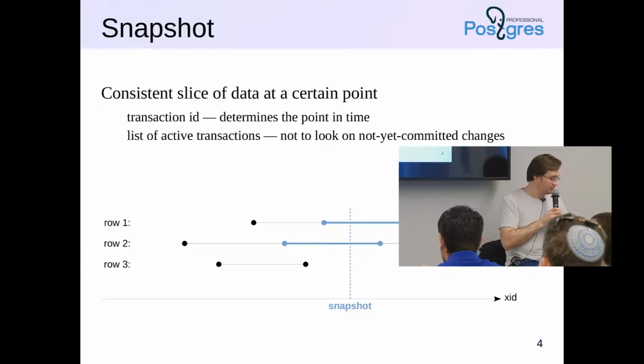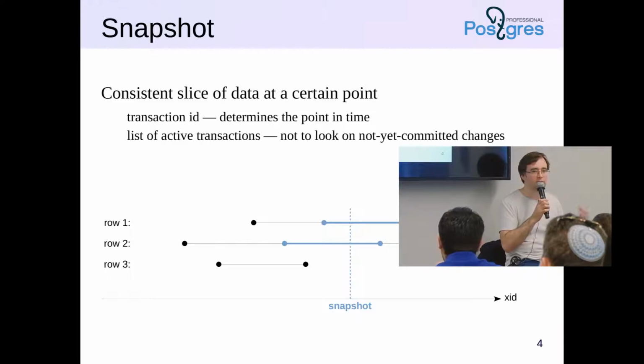Okay. For the second row, you can see three row versions here. At the moment when we create the snapshot, the second row version was actual, so it gets into our snapshot. And after that, this row may be changed, may be deleted, but as long as you have created your snapshot, you will see this row version, no matter what happened after that.